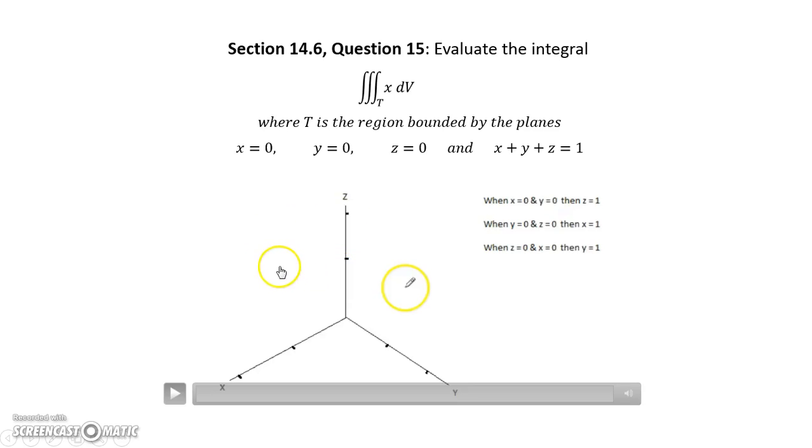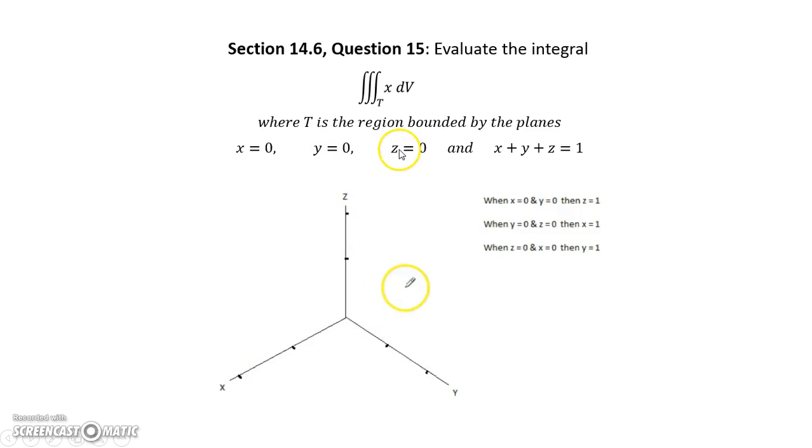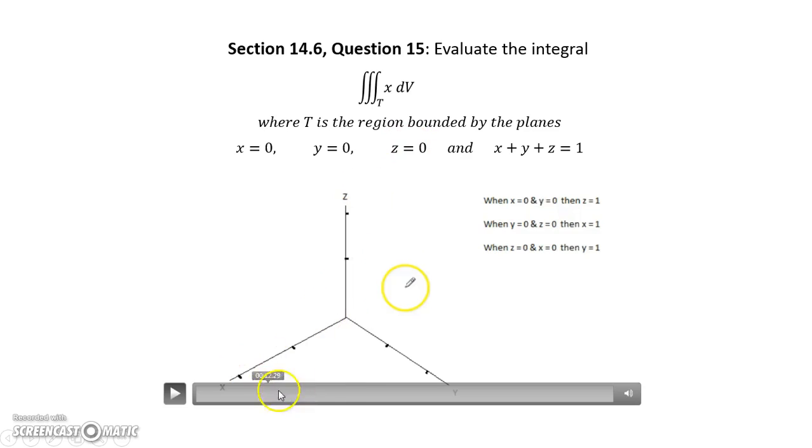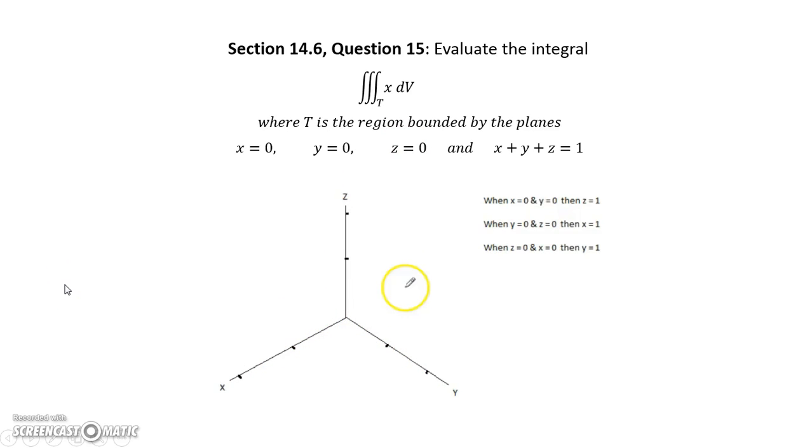So I will start by having my x, y, and z, right? And because we have the plane x equals 0, that means we have this plane here, the zy plane, and the plane where y is equal to 0 is the zx plane, and the plane where z is equal to 0 is this plane, the xy plane. So now we have our planes, just imagine they're there.